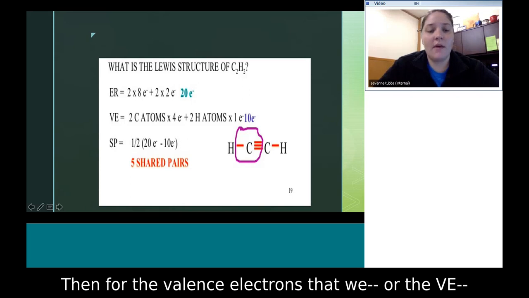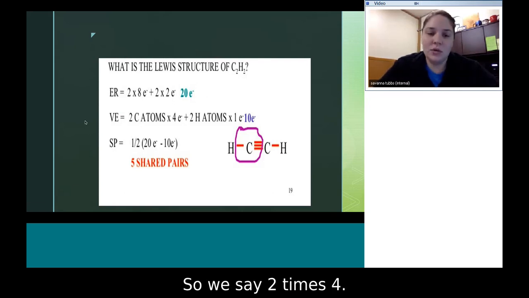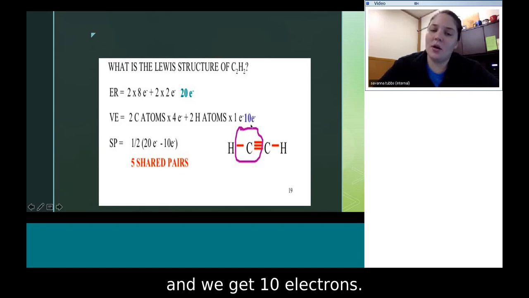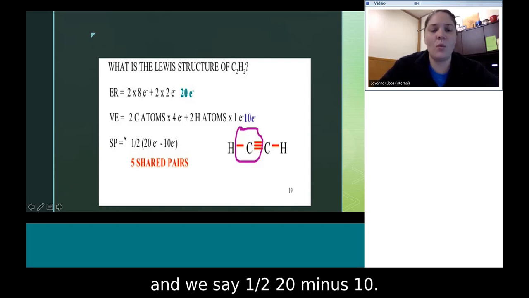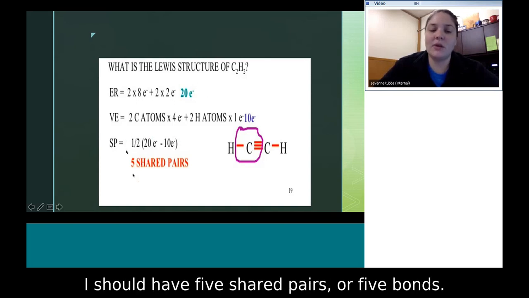Then for the valence electrons or the VE, we have 2 carbon elements, and each carbon is in a group 4A. So we say 2 times 4 plus 2 hydrogen times 1 because it's a group 1A, and we get 10 electrons. We plug both of those values into our equation, and we say 1/2 times 20 minus 10. When you multiply that together, you'll get 5 as your answer, which means I should have 5 shared pairs or 5 bonds.